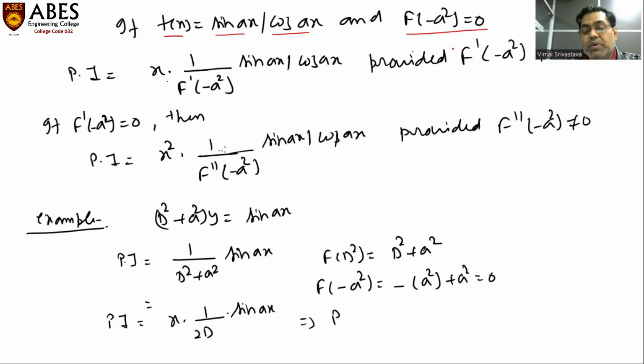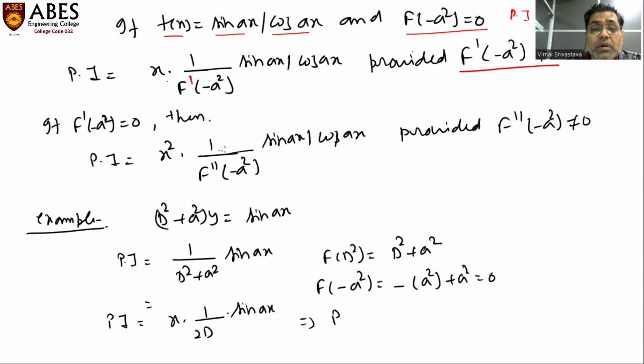Then what to do? The same procedure as we discussed in our exponential case. We multiply this expression by x and differentiate f(D). Basically, our equation is PI = 1 upon f(D²) into f(x). So we multiply this by x and differentiate this f(D²) with respect to D once, and then replace D² by −a². Again, the condition is that f′(−a²) is not equal to 0.